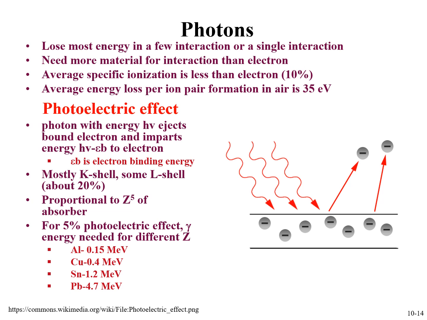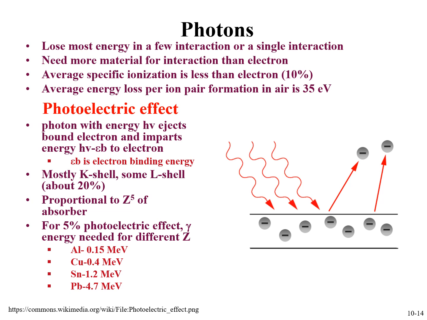This is a tool that has been used to measure binding energies. Most of the electrons that get ejected are K-shell electrons. There are some L-shell electrons. There's obviously proportionality between the electrons and the absorber. The proportionality is actually Z to the fifth for this absorber.